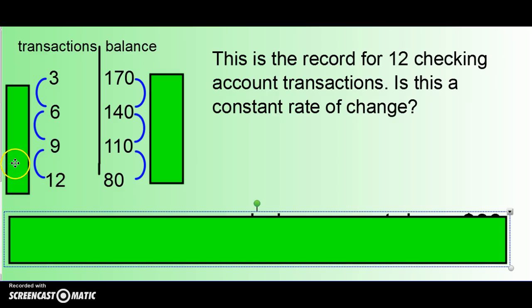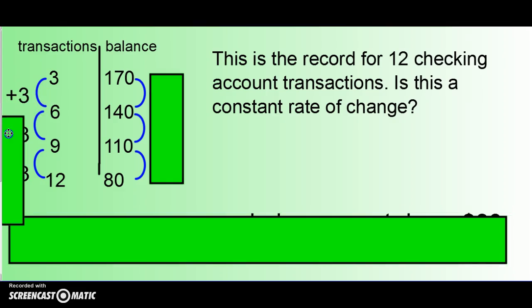Here you have a bank account, and it looks like every 3 transactions your account is changing. First you have a balance of $170. After 6 transactions, you have a balance of $140. After 9 transactions, $110. And after 12 transactions, $80.